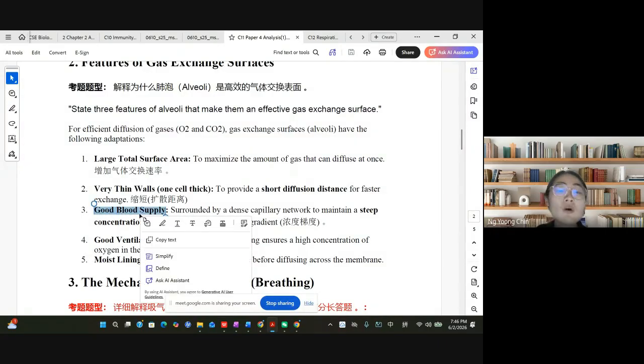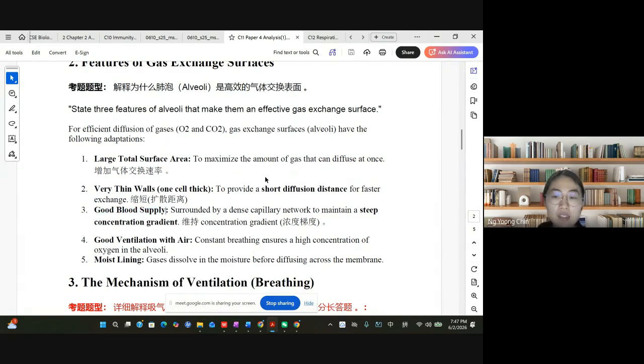All of the alveoli are closely associated with the blood capillary, or we call it pulmonary capillary, which is a capillary found inside the lung. This helps to maintain the concentration gradient, because the alveolus always has a high partial pressure of oxygen compared to the partial pressure of oxygen inside the blood capillary.